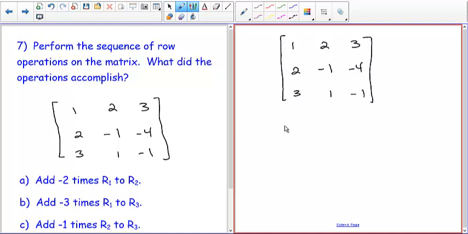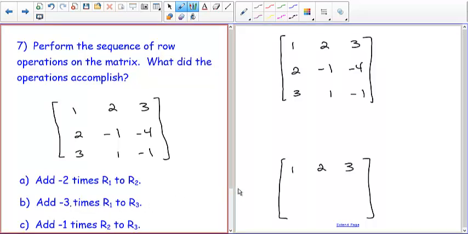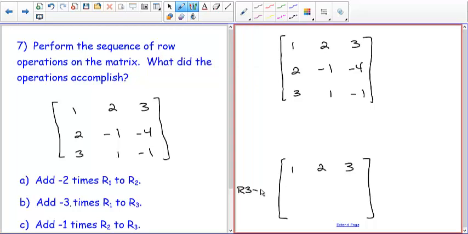What they want us to do is leave row 1 untouched. And that's good because it has a 1 in the first place, right here. Then they want us to add negative 3 times R1 to R3, or R3 minus 3 times R1, which is the same thing.